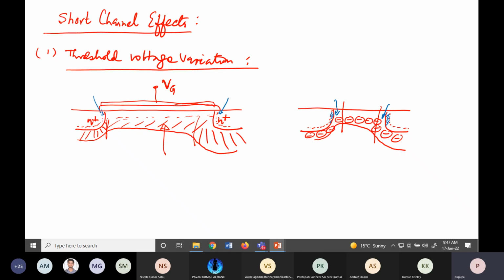in the long channel FET, those few immobile charges being imaged doesn't matter.